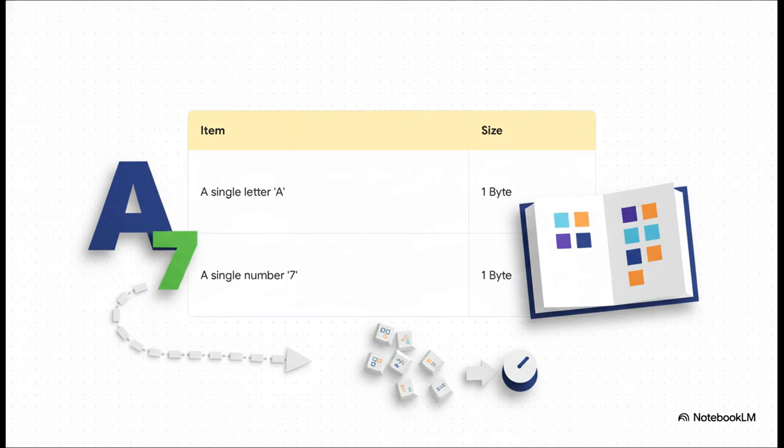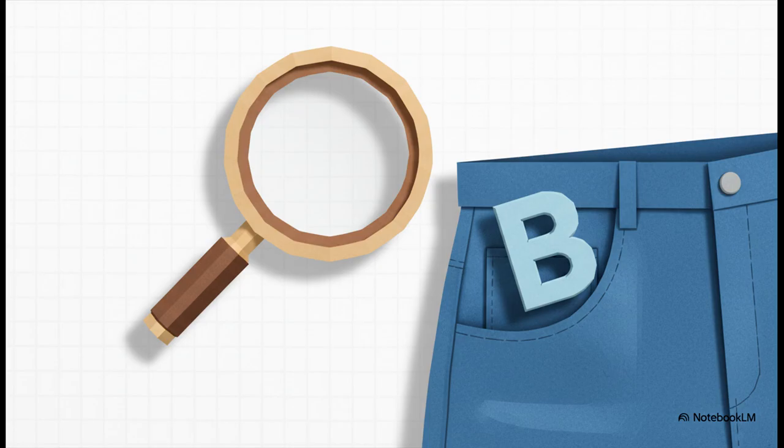Or if you type a number, like 7, yep, that's 1 byte too. It's the perfect little home for just one single character. Let's imagine a byte is like a tiny little pocket. It's so small it can really only hold one thing at a time, like one single letter. It's the very first stop on our quest, and the starting point for everything else we're about to see.